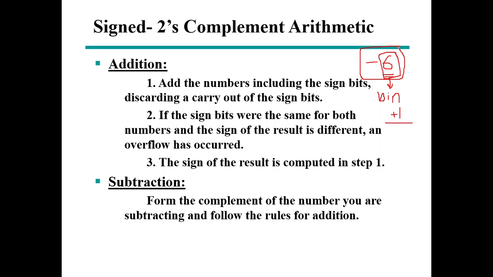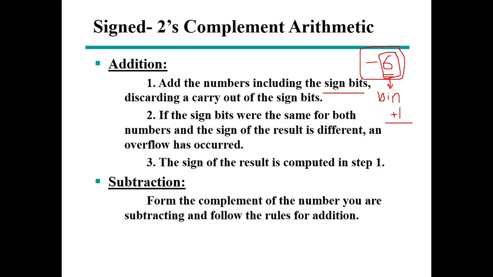When you're adding such numbers, the rules for addition are very simple. You need to add both the numbers, whether they are positive or negative, along with their sign bits. We know from our previous discussion that the most significant bit represents the sign bit of a number, whether it is the sign one's complement notation, the sign two's complement notation, or the sign magnitude notation.